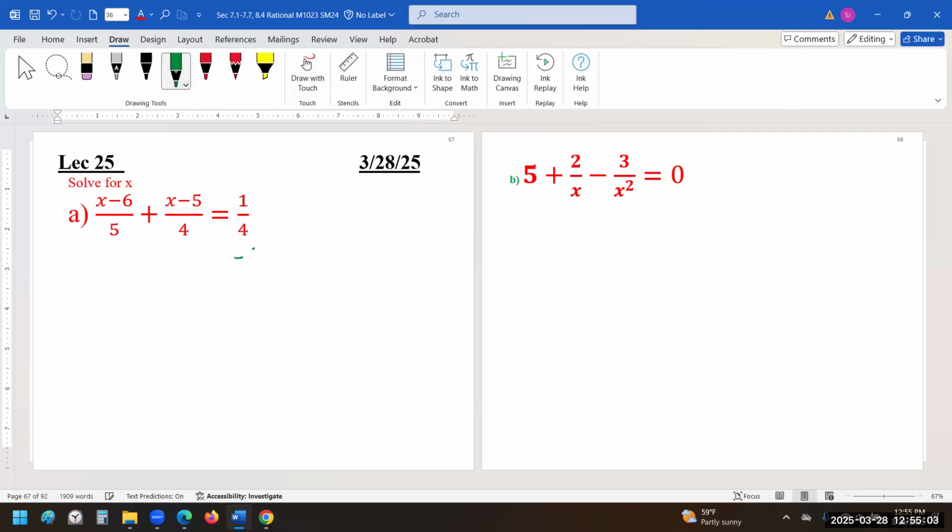So subtract 1/4 from both sides of the equal sign. So they cancel out. And we have x minus 6/5 plus x minus 5/4 minus 1/4 equals 0.